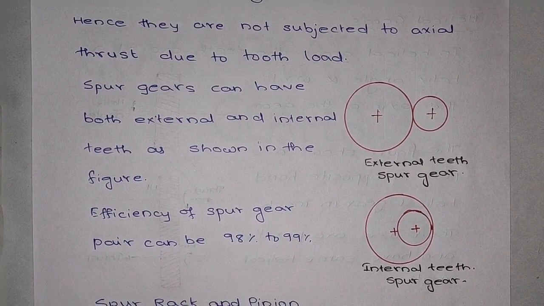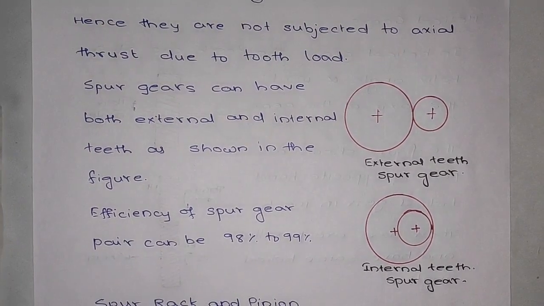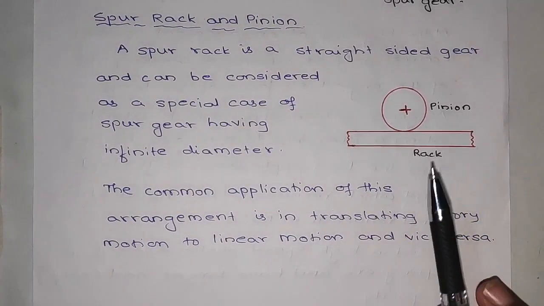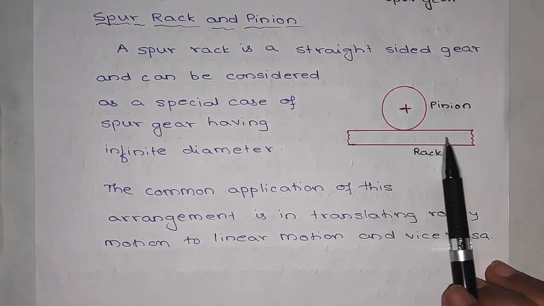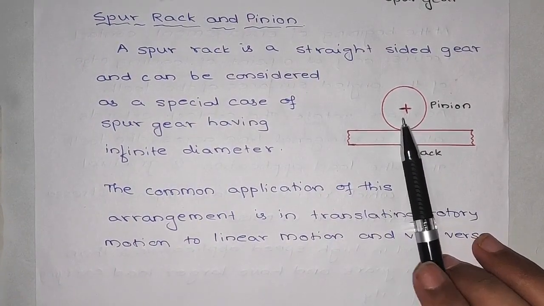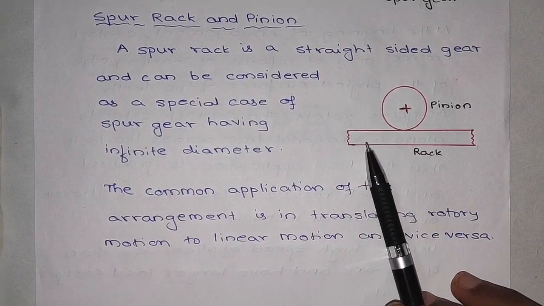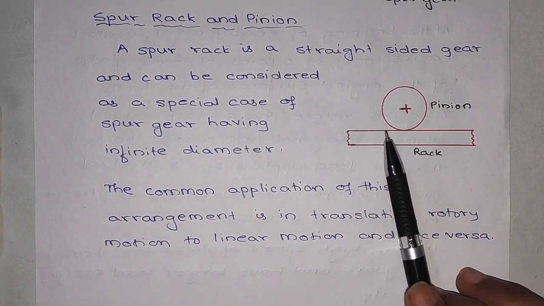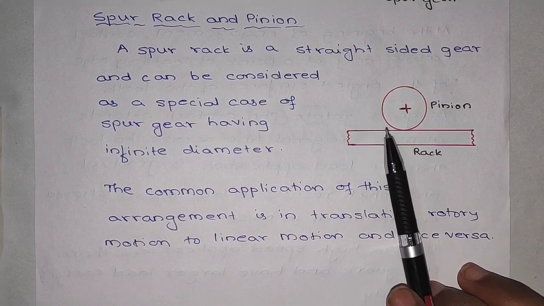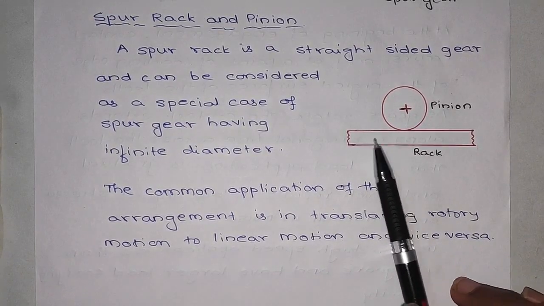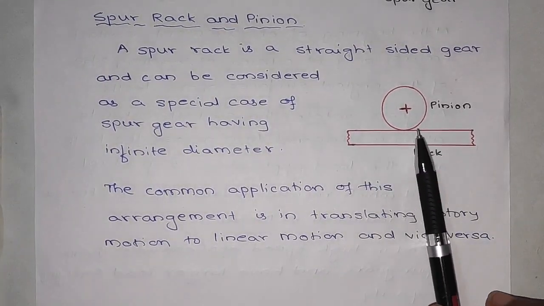Next we shall see the rack and pinion, which is a slight modification of spur gears. In the rack and pinion, we have a rack and a pinion arrangement as you can see. The smaller gear is called the pinion and the larger wheel, as we have discussed, is called the gear. But if the larger wheel has an infinite radius or diameter, it becomes a rack, as you can see here.